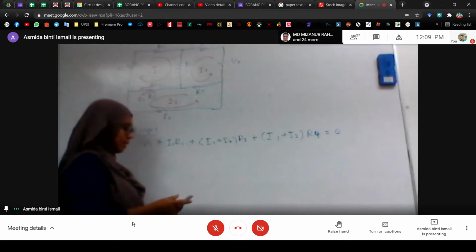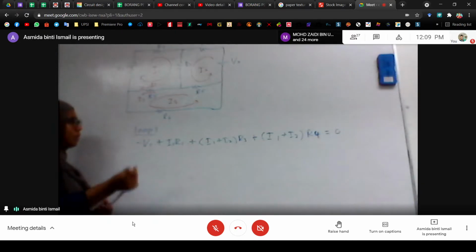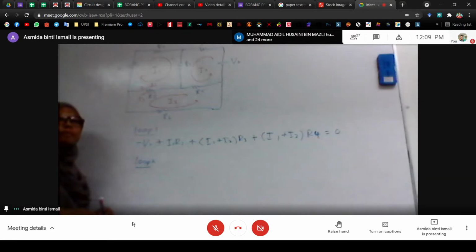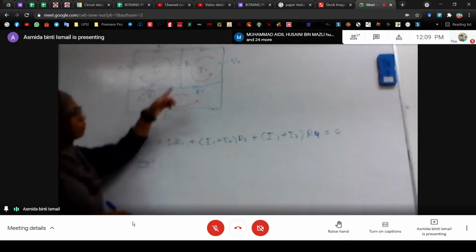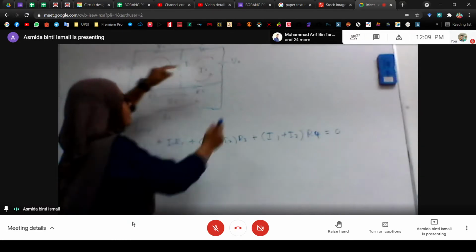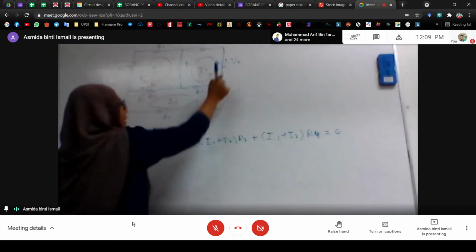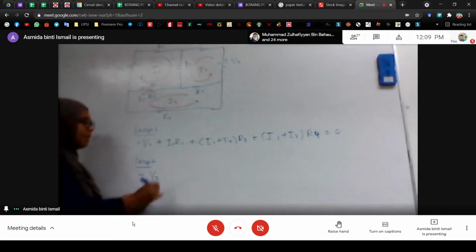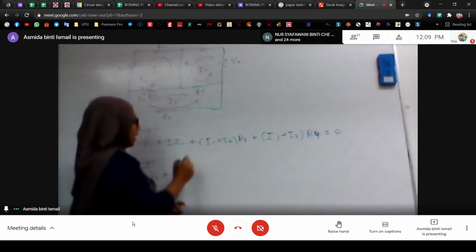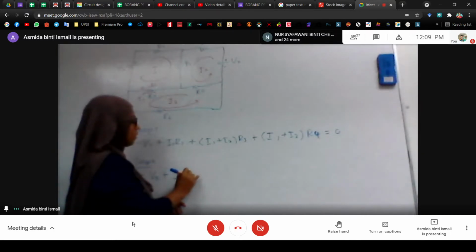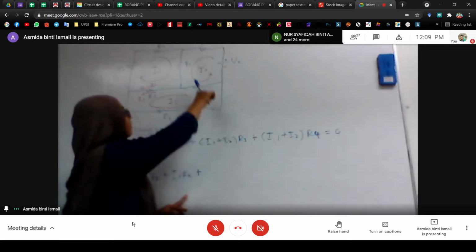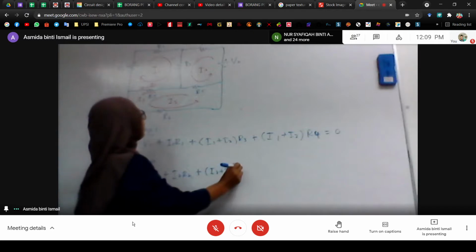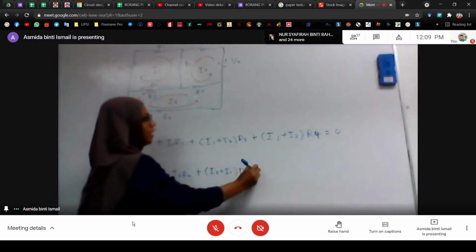Okay, so for loop 2, you write a negative V2, plus I2 R2, plus (I2 plus I1) times R3, plus.